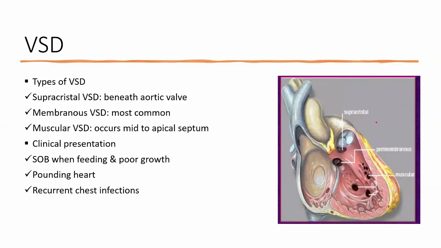Spontaneous closure of membranous and muscular VSDs can occur, more frequently if the defects are smaller and during the first 6 months of life. VSDs do not become bigger with age, rather they decrease in size. In terms of presentation, they would have shortness of breath and poor feeding, which affects their growth, so they would have stunted growth.